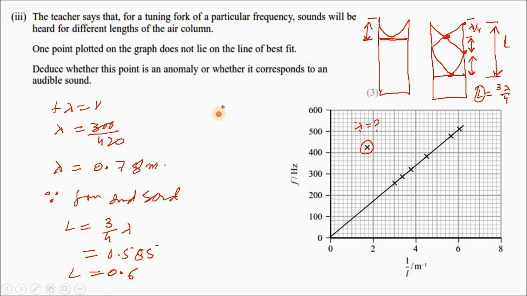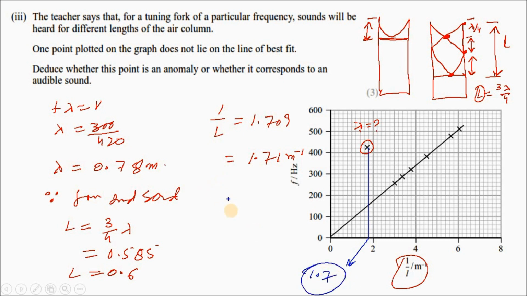And then you find 1 upon L, because the graph is between 1 upon L. So 1 upon L, which is equal to 1.709, so which is 1.71 per meter. And clearly, if you see the corresponding value of this graph, this value, it should be 1.7.